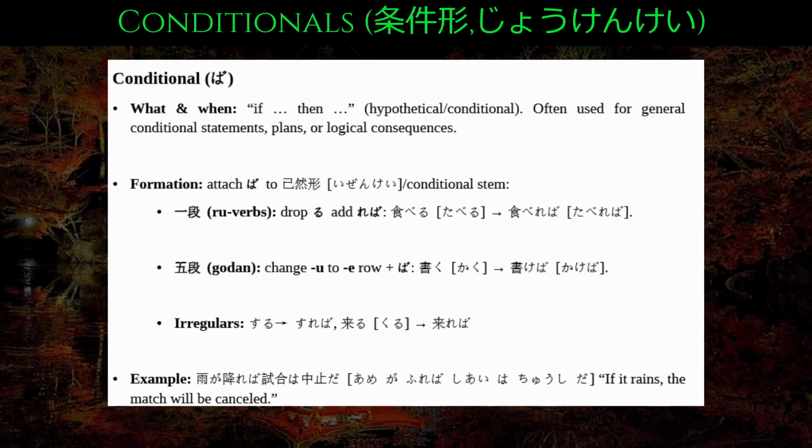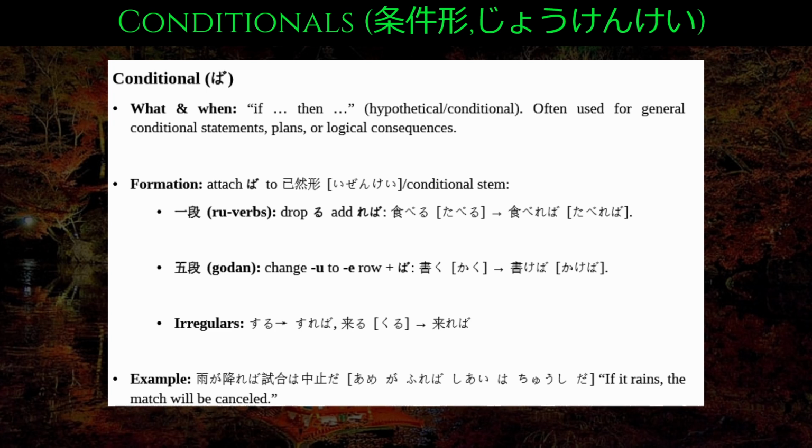So, beginning with the conditional ba. So, first, what and when. This is if something, then something else. So, hypothetical or conditional. This is often used for general conditional statements, plans, or logical consequences.